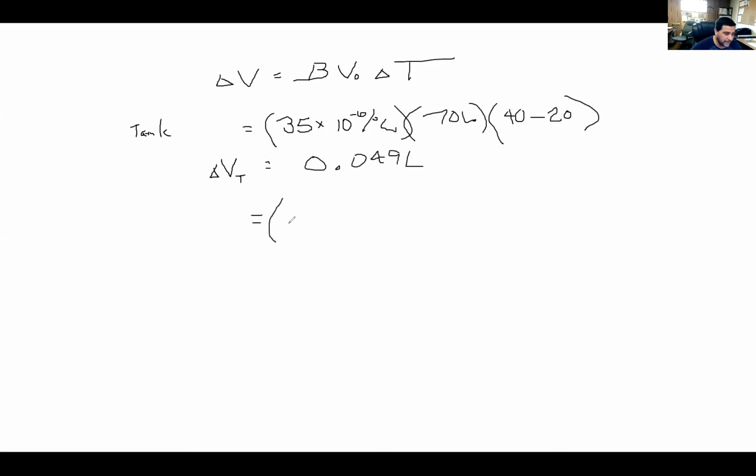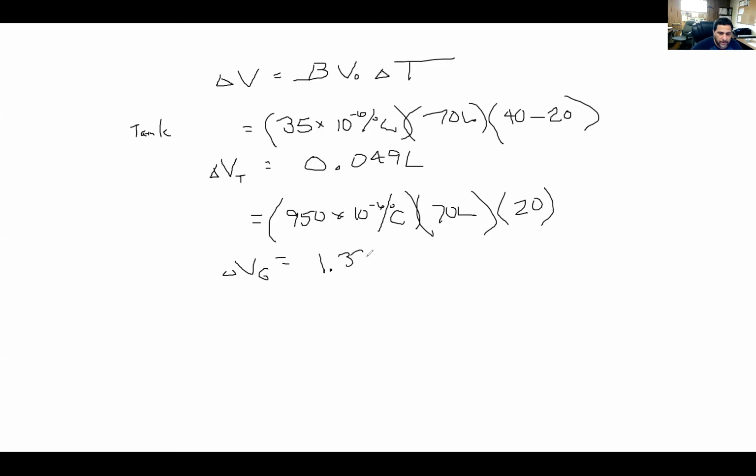But now let's take a look at the gasoline, 950 times 10 to the minus 6th per degree Celsius. 70 liters, 40 minus 20, change in temperature is 20 degrees. Change in volume for the gasoline, 1.33 liters.